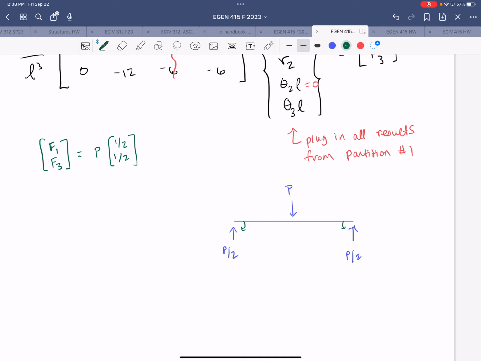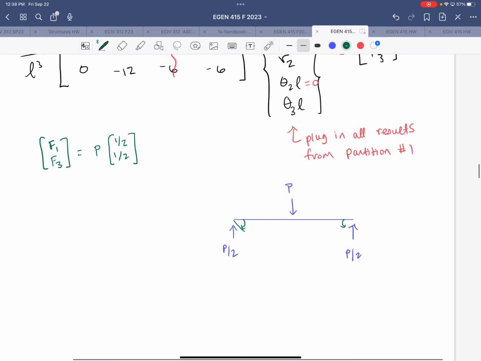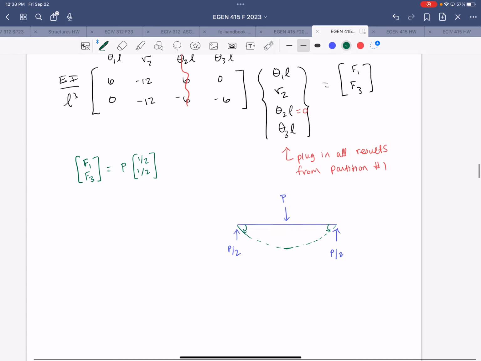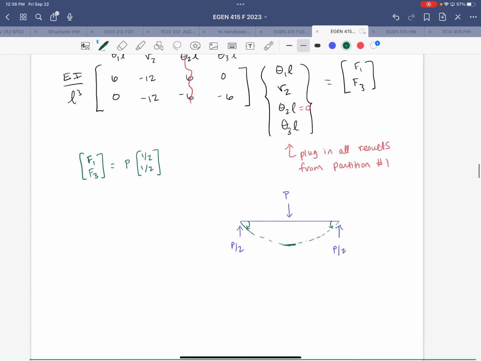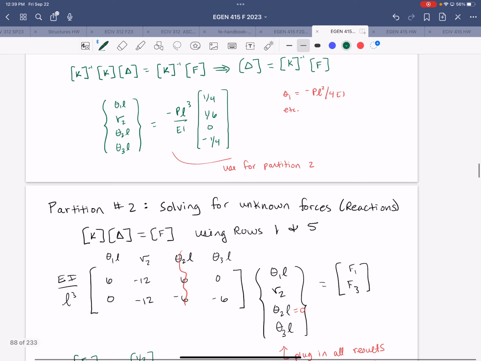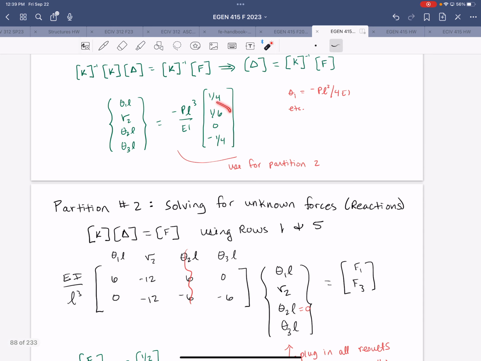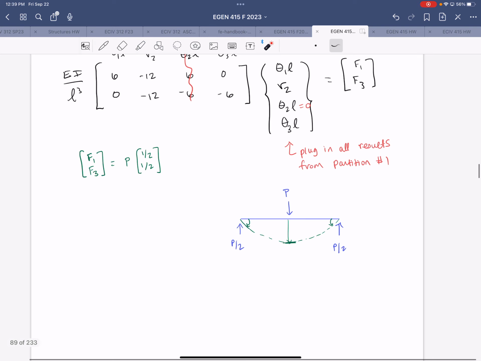Positive translates to counterclockwise. So that checks out with a deflected shape like this. At node 2, theta is equal to 0, so that also makes sense. And the deflected position of node 2 was given as a negative value, negative PL cubed over 6EI, so that also makes sense.